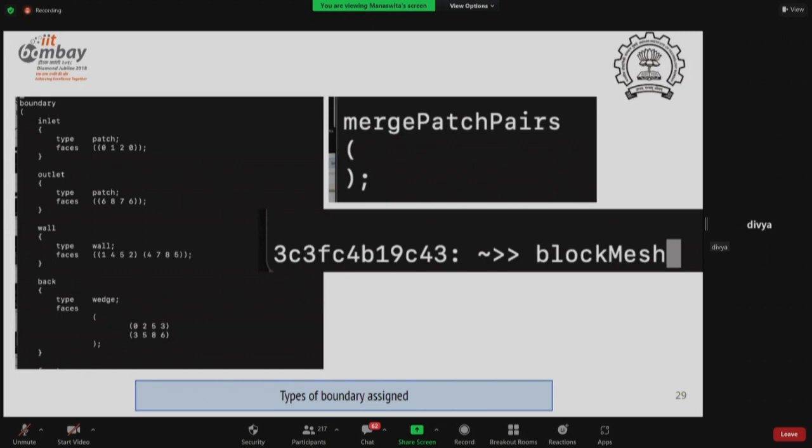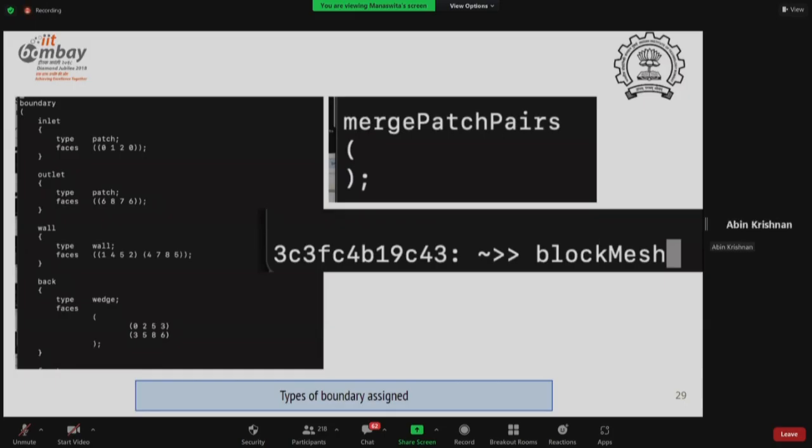Okay. Thank you. Ma'am, there is one more question from Siddhi Vinayak. He's asking why you have used expansion ratio in the radial direction and not in the other direction. Okay, so see, in the radial direction there is a wall effect. Wall is there in the radial direction.